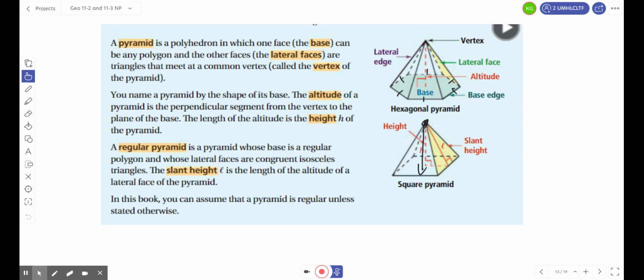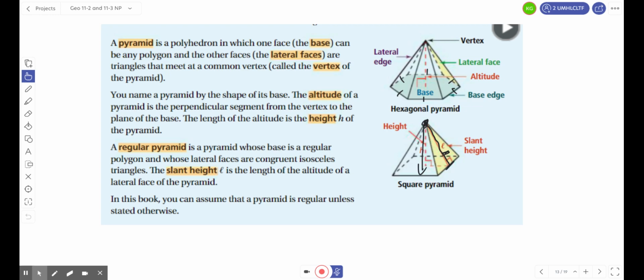It is represented by script L. That's a lowercase cursive L there, if you were wondering. And we are going to use that slant height to find our surface area, because it is, of course, going to be the altitude of the side triangles.